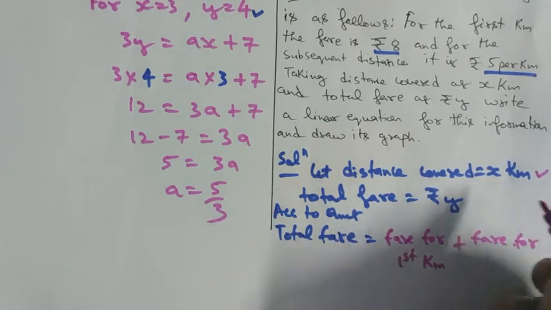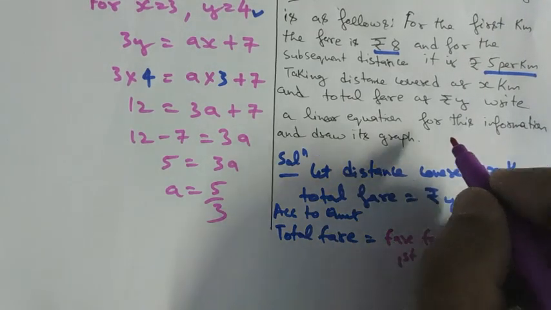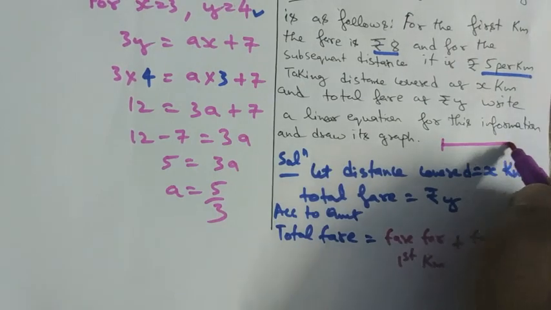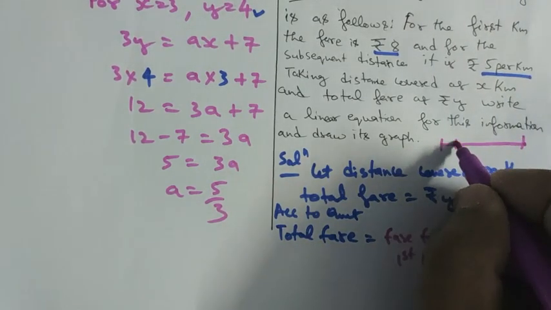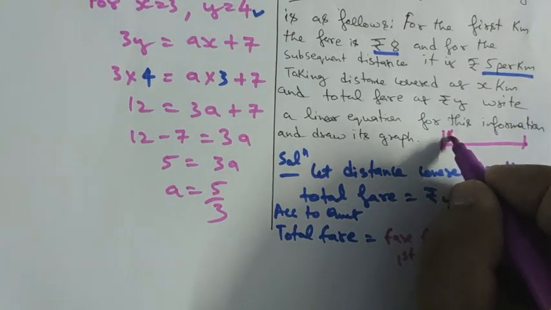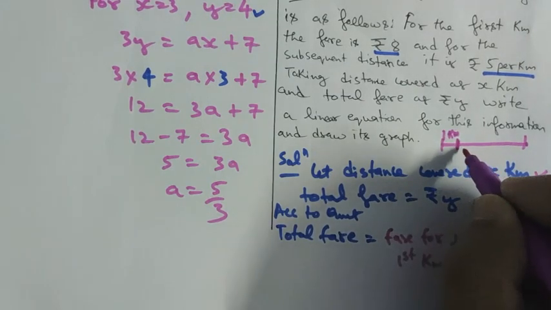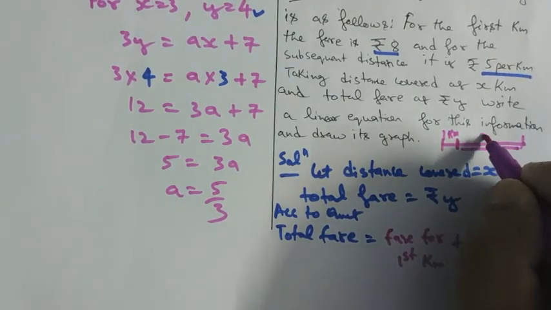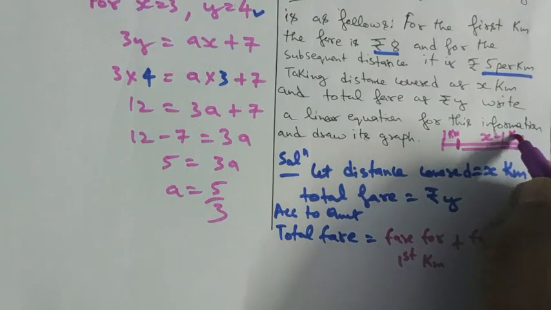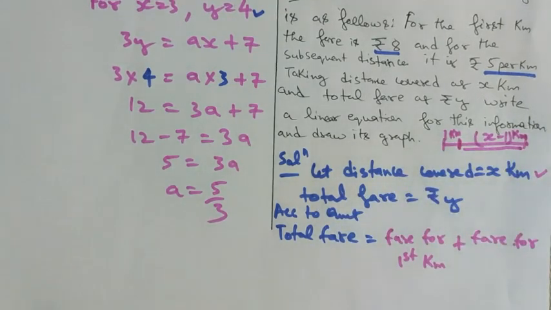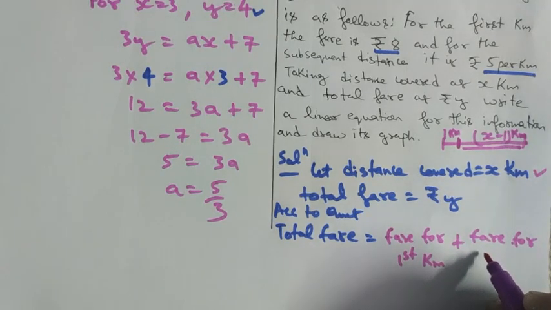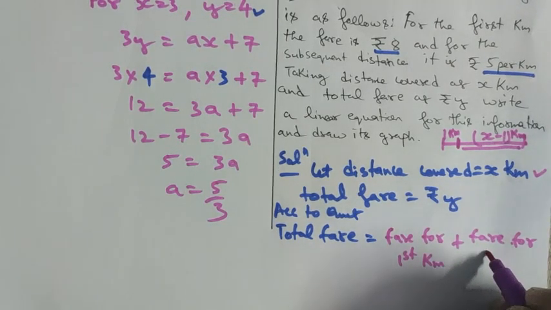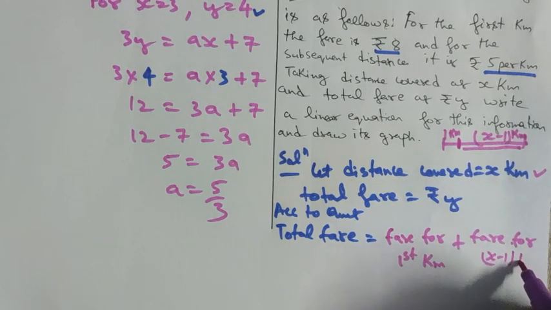After covering 1 kilometer, how much distance is left? For example, this is the total distance, 1 kilometer is covered, and the total is x kilometers. So this remaining distance will be x minus 1 kilometer. So the fare for the subsequent distance is for x minus 1 kilometers.